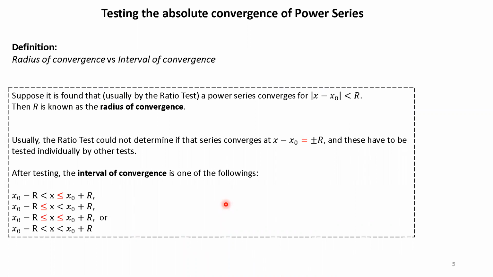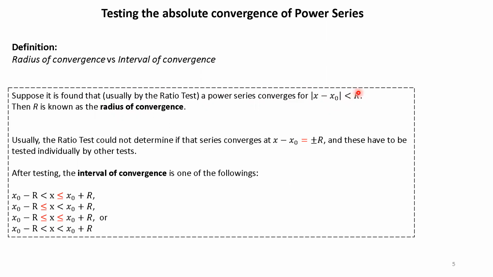Now, one term that I want you to be clear about is the so-called radius of convergence, and the so-called interval of convergence. Suppose it is found, usually by the ratio test as you saw, that the power series is convergent for this quantity smaller than this number R over here.